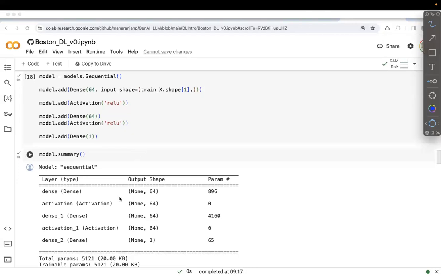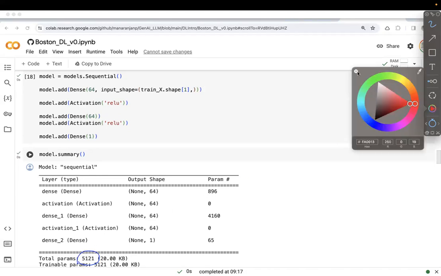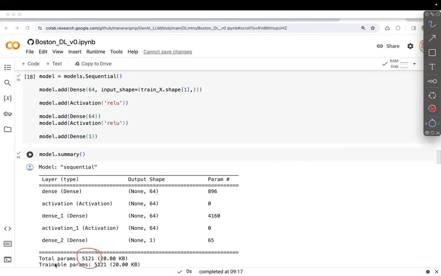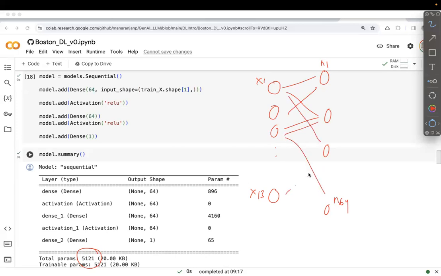Now, this is basically saying that the total number of parameters is about 5,121. It also shows how many parameters are on each layer. For example, the first layer is my input neurons X1 to X13, and the next layer is neurons N1 to N64. Now, how many weights should there be between these two?